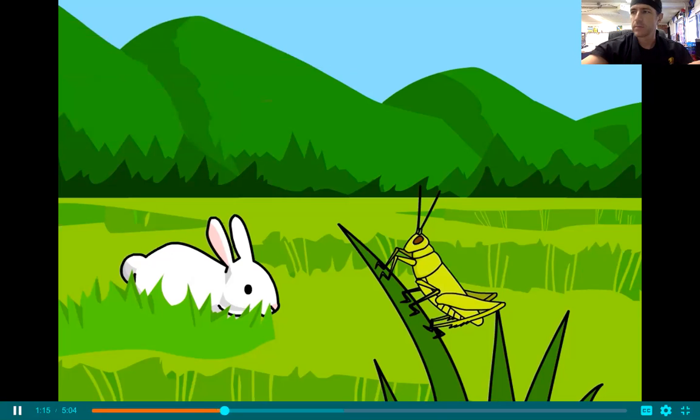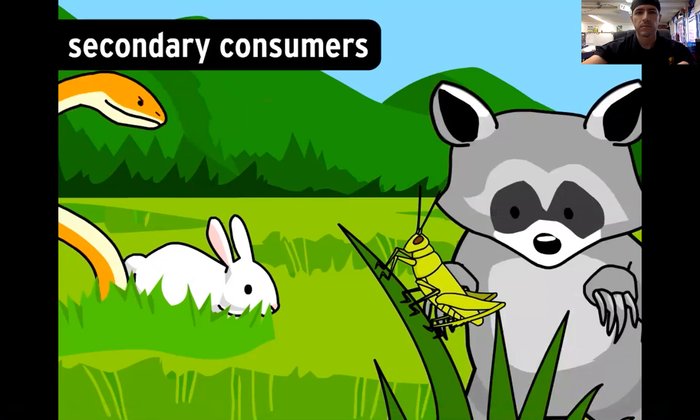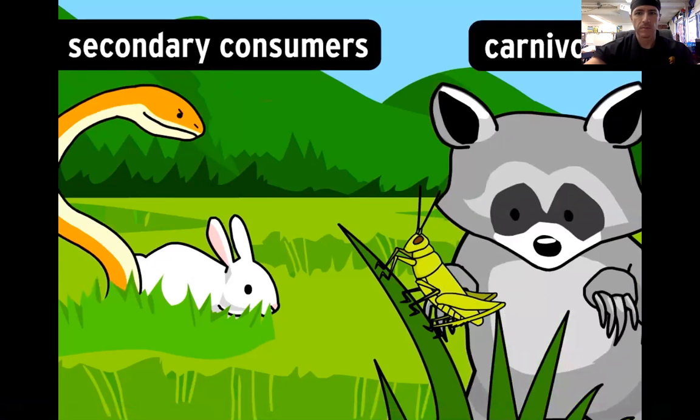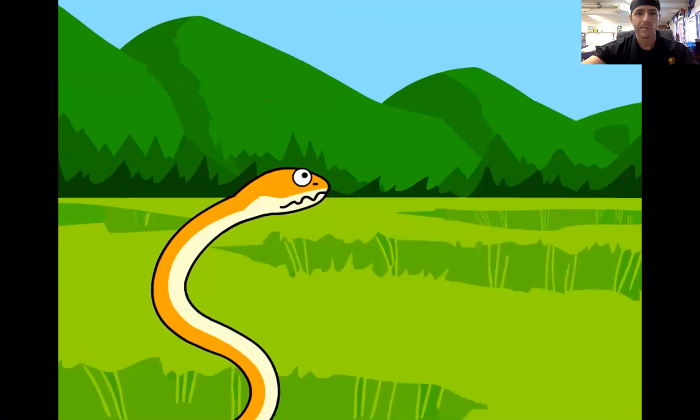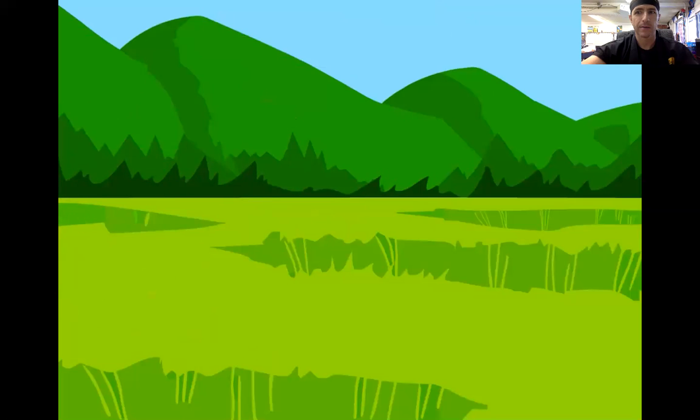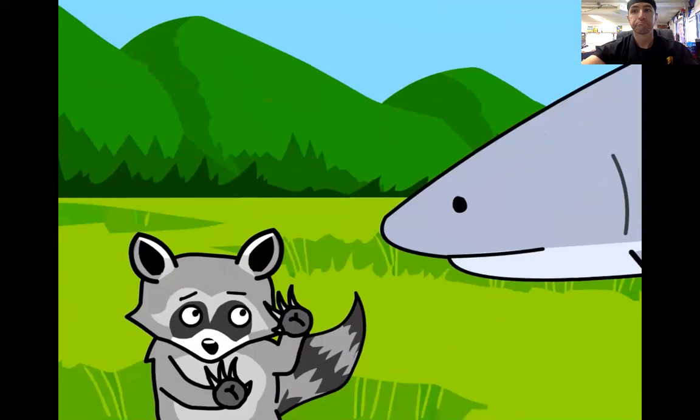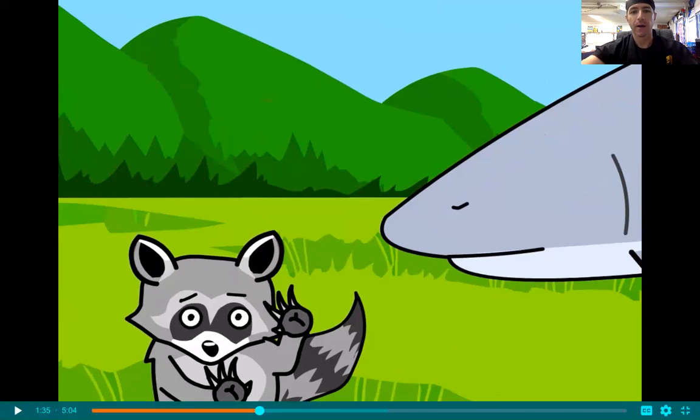In turn, the primary consumers are eaten by secondary consumers. These are carnivores or meat eaters. This continues until you reach the animals at the top of the food chain, which have no natural enemies. Sharks are at the top of the marine food chain. I want to believe that this really happens. It should.